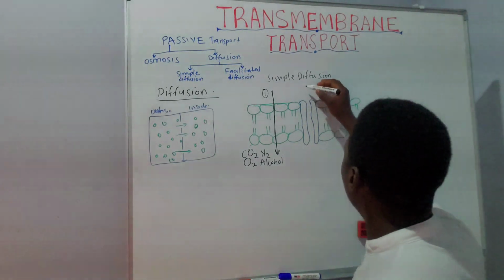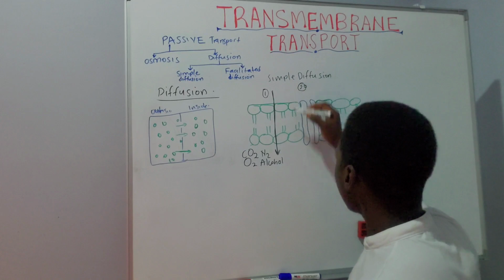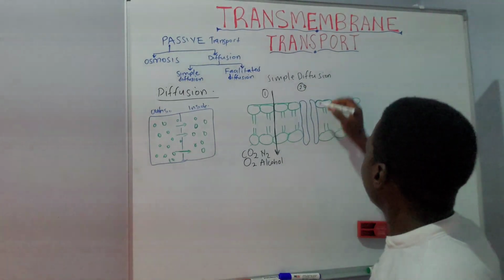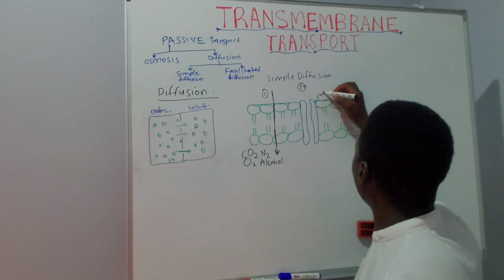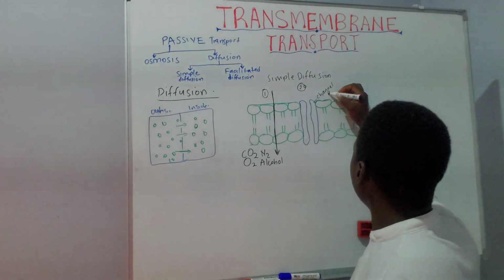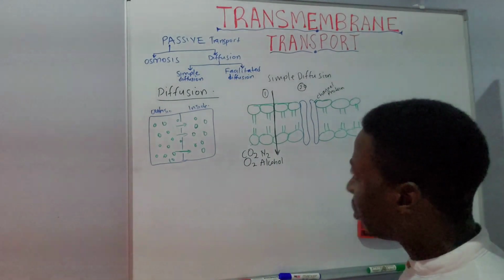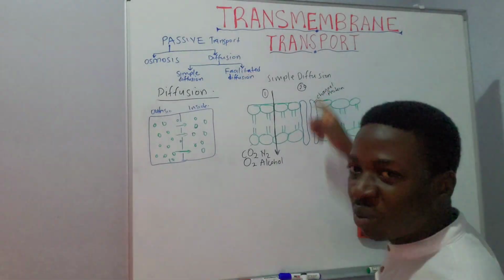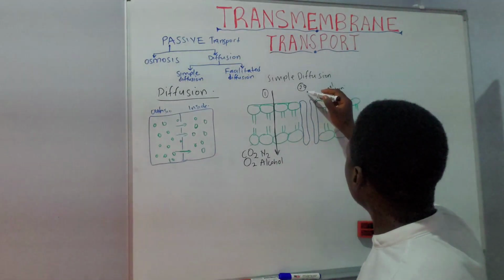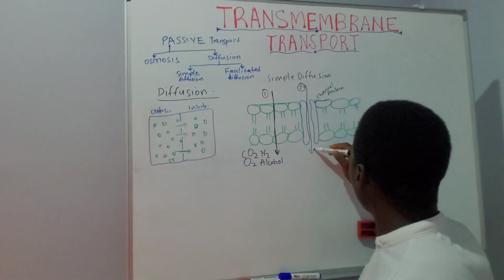The other form of simple diffusion is through a channel protein. So the other form of diffusion is movement of molecules through a channel protein.